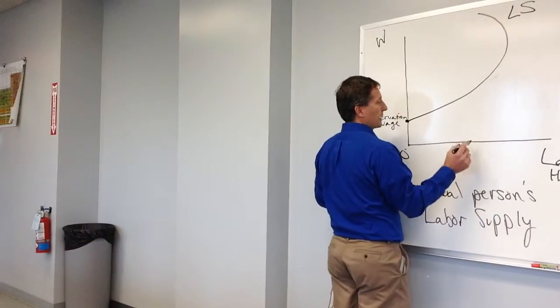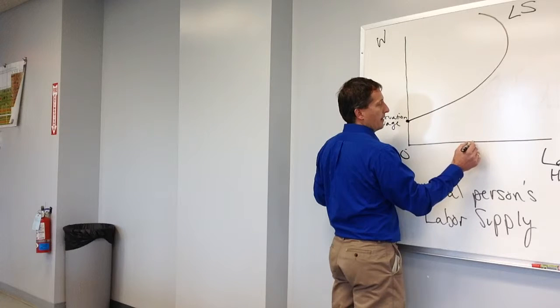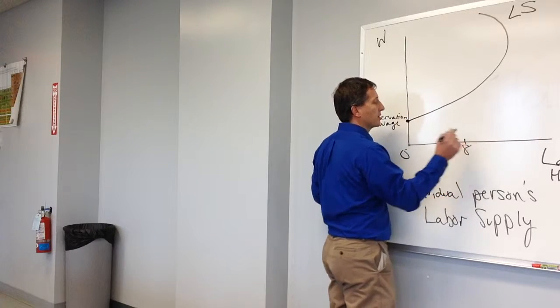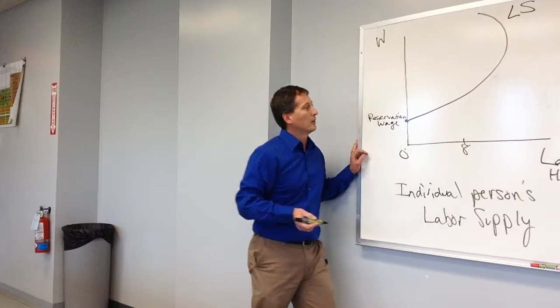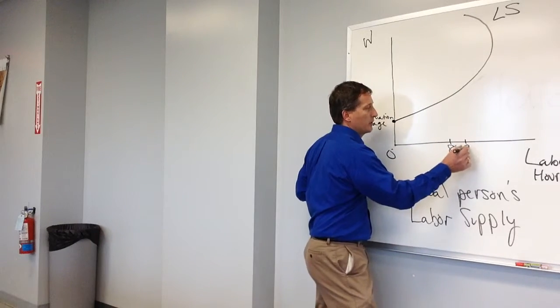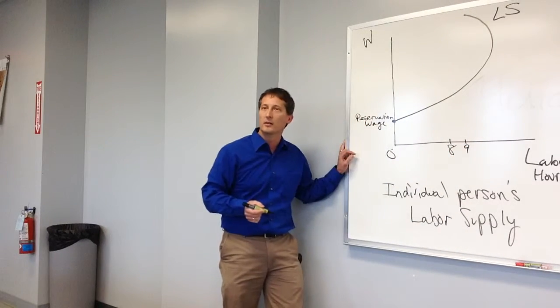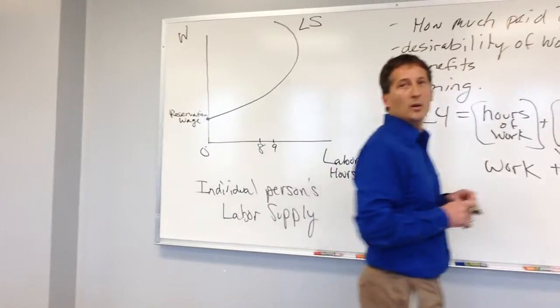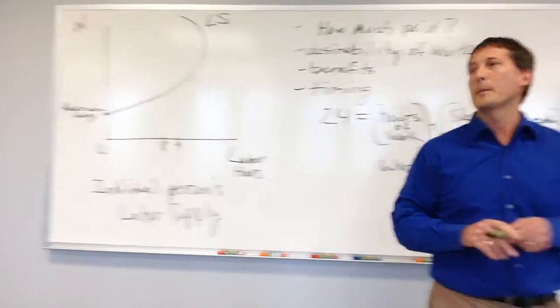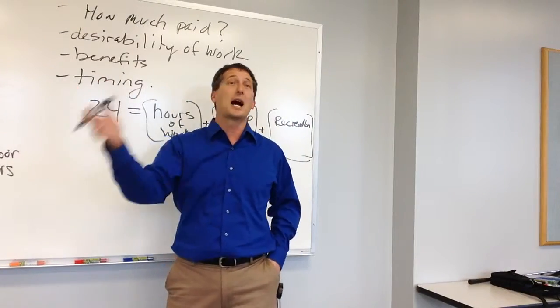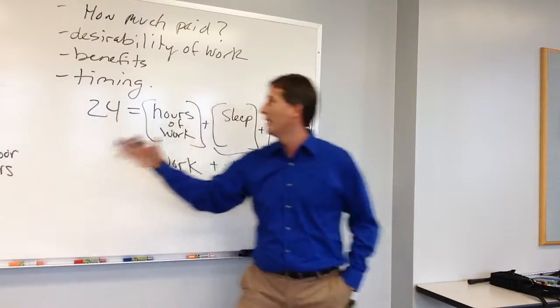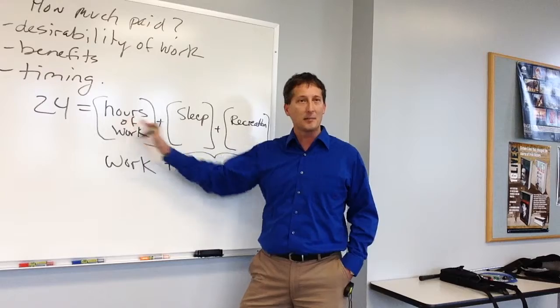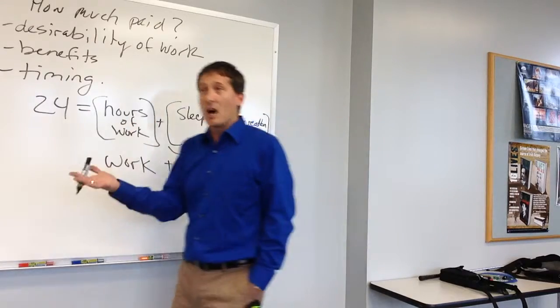So if you're currently working 8 hours, why do we need to pay you a little more to get you to work the 9th hour? You're losing leisure time, right? There's an opportunity cost to your time. We all face a binding time constraint, and so there's a cost involved.